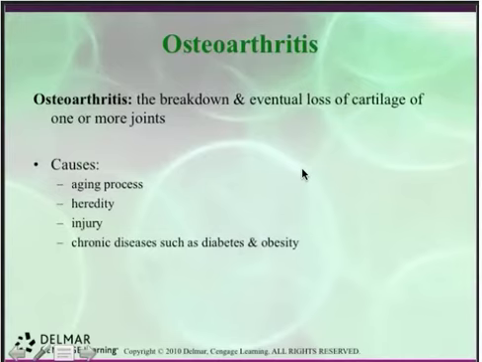Drug therapy can include the use of analgesics, muscle relaxants, NSAIDs, and we can also use intra-articular steroid injections for specific individual joints. Intra-articular hyaluronic acid can also be used to reduce pain in the affected knee joints.